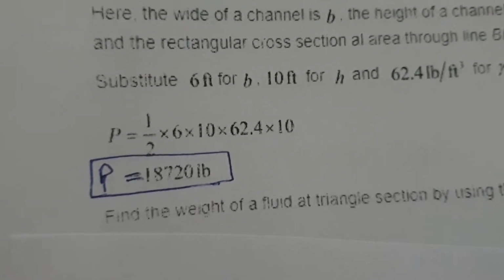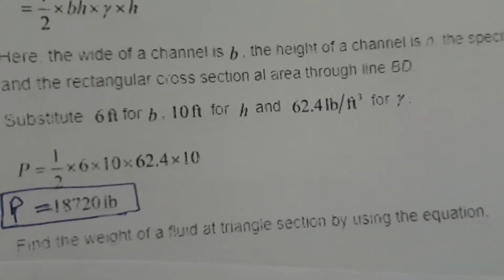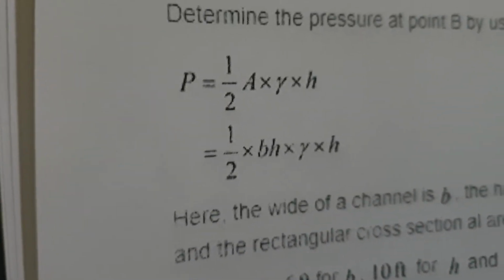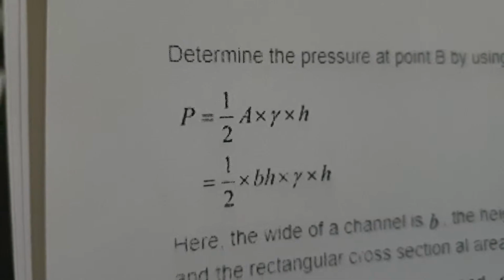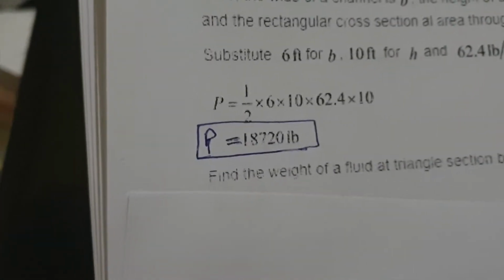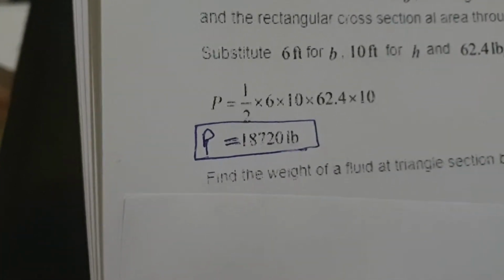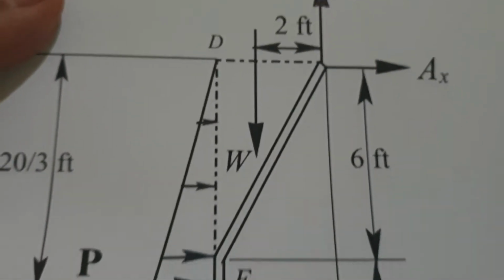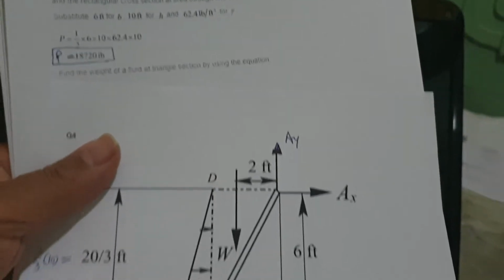It's a standard, 62.4 pounds per cubic foot, times 10, because it is 1/2 times area times gamma times H. So the pressure force at B is 18720 pounds. So we found the pressure at B. Now, let's find the weight of the water. The weight of the water, we mean this weight.